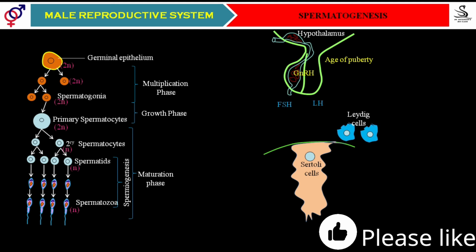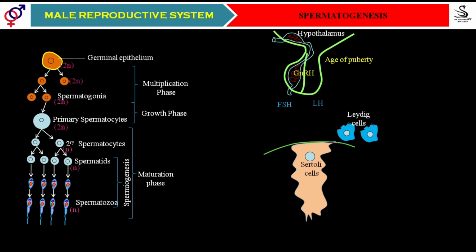In response to that, the anterior pituitary gland secretes FSH and LH, and the LH starts to act on Leydig cells. Once the Leydig cells are acted on by the LH hormone, they start to secrete testosterone. And this testosterone is responsible for all the secondary sexual characteristics. And simultaneously, FSH is going to act on the Sertoli cells.